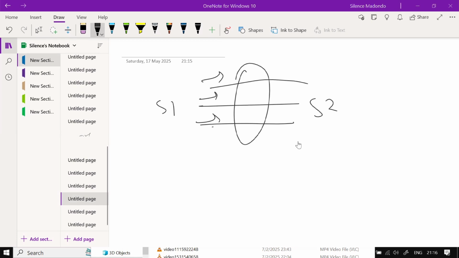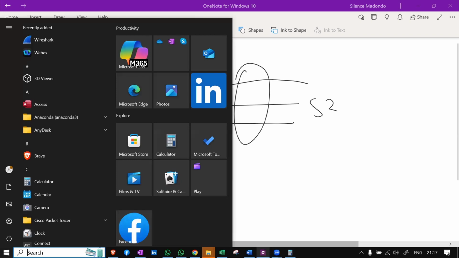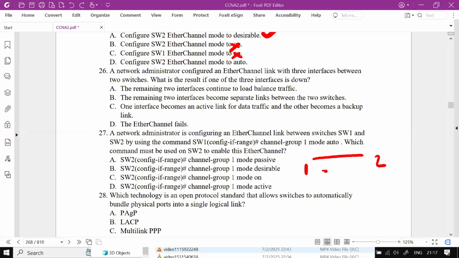Right, let's go to the next question. Question 27. A network admin is configuring an EtherChannel between switch 1 and switch 2 by using the command channel-group 1 auto.